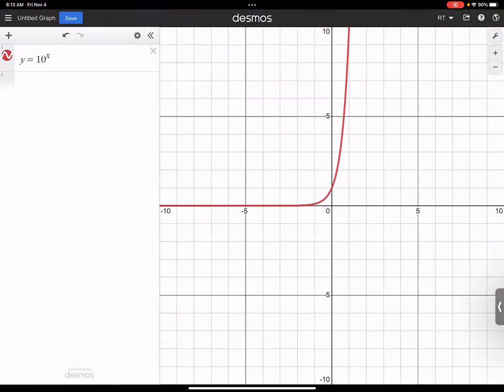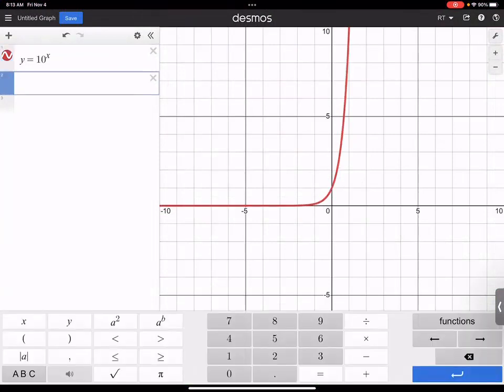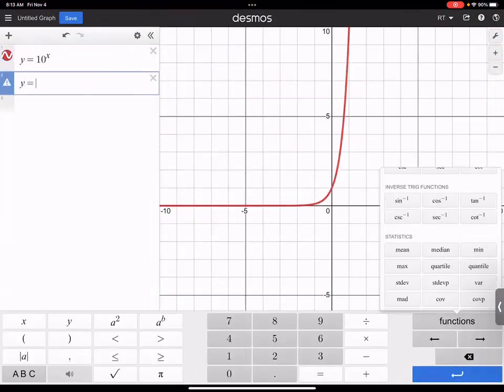Base is 10, 10 is bigger than 1, so it's growing over time. It's going to be fairly steep, steeper than 2 or something. There's that y-intercept. The inverse to that, the logarithm that goes with that, would be the log with base 10.